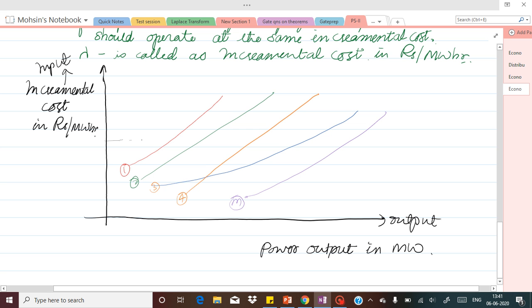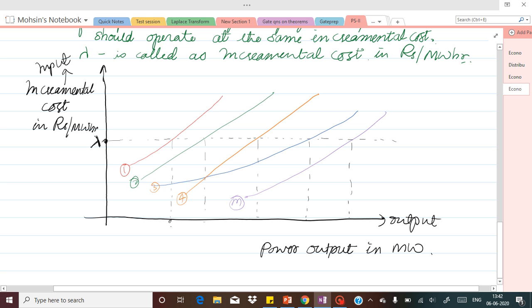Say this is the incremental cost that we are going to select, which is nothing but lambda, at this particular value. Now each of the units is going to generate accordingly. If operated at the same incremental cost, their output powers are going to be different depending upon their capacities.